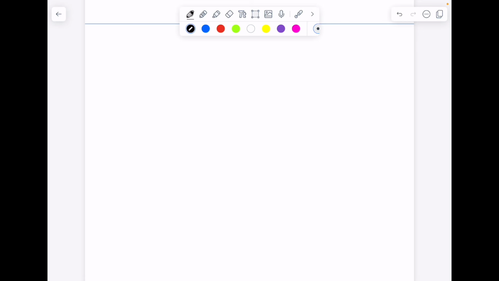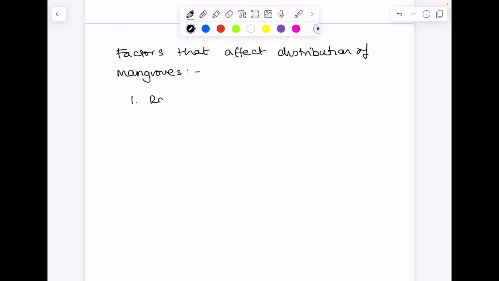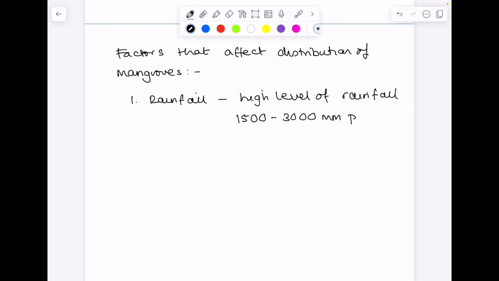So what factors affect the distribution of mangrove ecosystems? Firstly, rainfall. Mangroves require a high level of rainfall, anywhere between 1,500 and 3,000 millimetres per year.